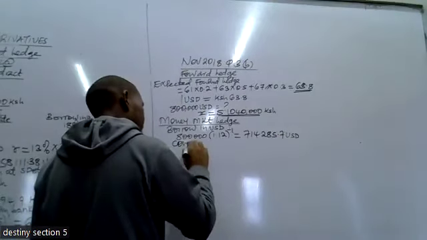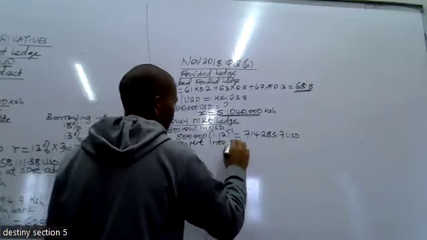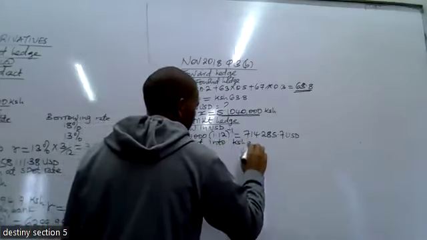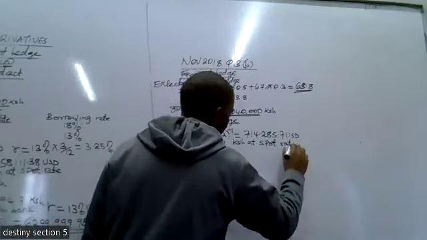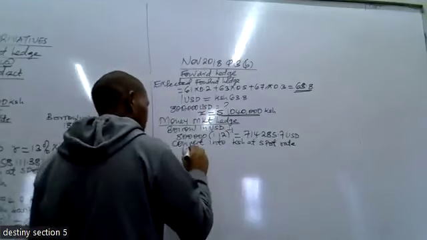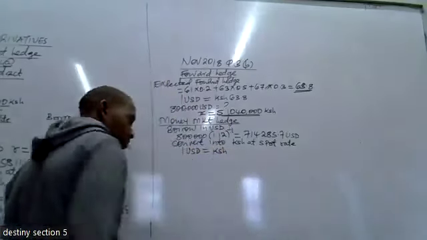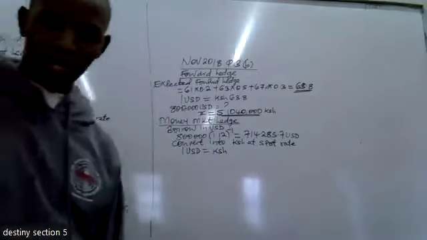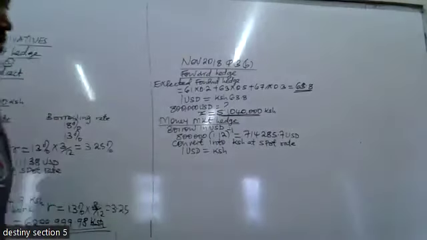Convert into Kenyan shillings. So 1 USD is how many Kenyan shillings at spot rates? The current spot rate we were given as how much?